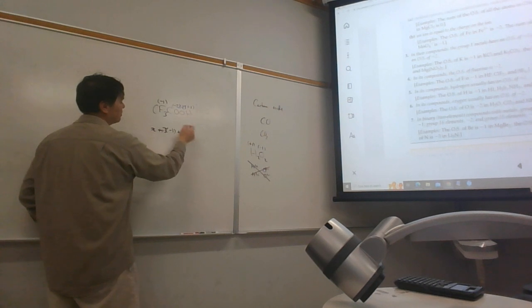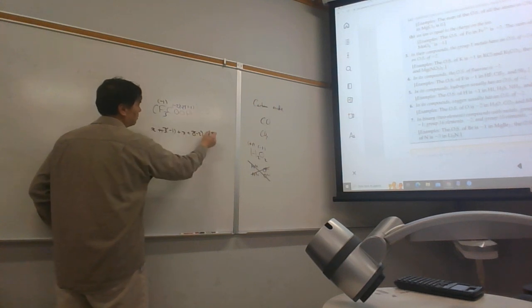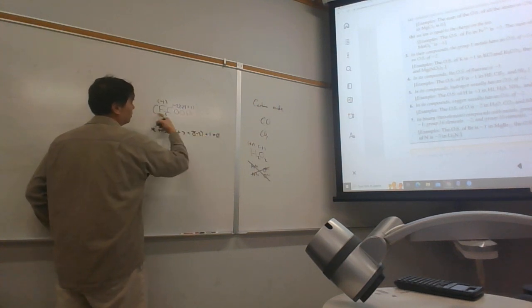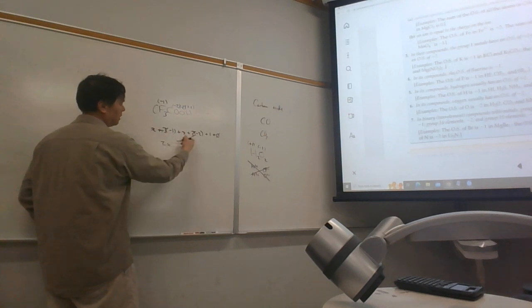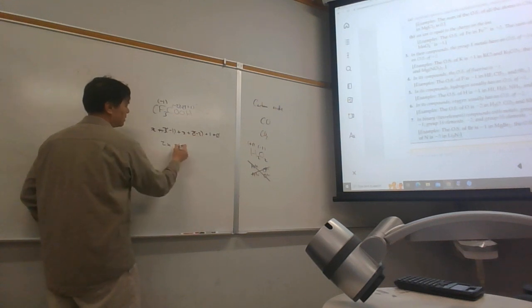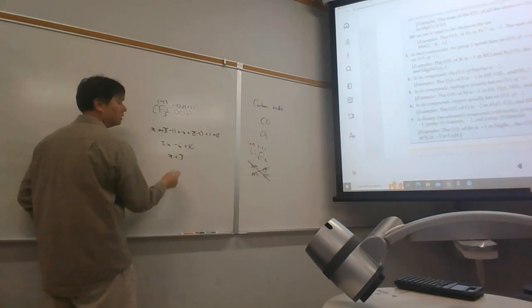We're not going to differentiate between the 2 carbons. Then 2 times minus 2 for oxygen, plus 1, is equal to 0. The whole thing is neutral. So this gives us 2x minus 3 minus 4 is minus 7, plus 1 is minus 6, equal to 0. So x is equal to 6 divided by 2, which is 3.